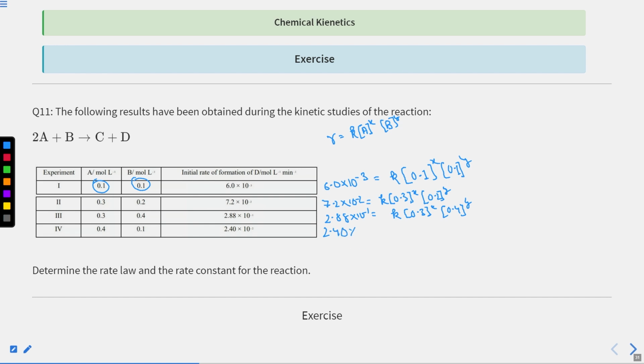At last we can write 2.40 × 10^-2 = k (0.4)^x (0.1)^y. So we can write the rate expression for each of these in this fashion.